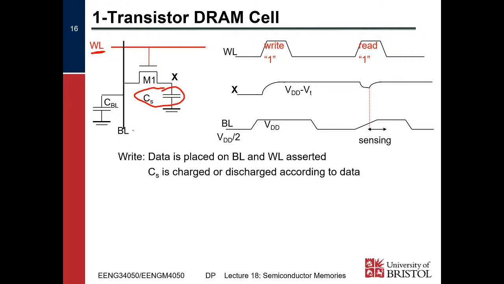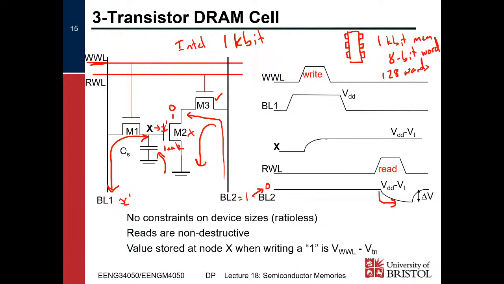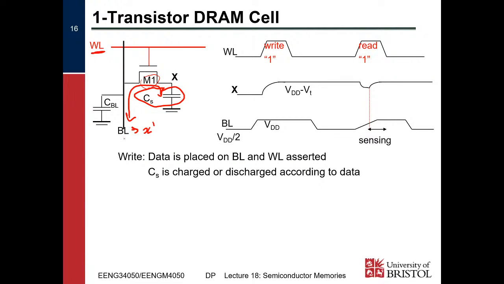So we set bit line to X, or to 1 or 0, that's going to be our X dashed. We're going to set it to that value, and then we're either going to charge or discharge CS through the pass transistor M1 as normal, right? So exactly the same write procedure as the 3 transistor SRAM cell, it's just that M2 and M3 have been cut off here.